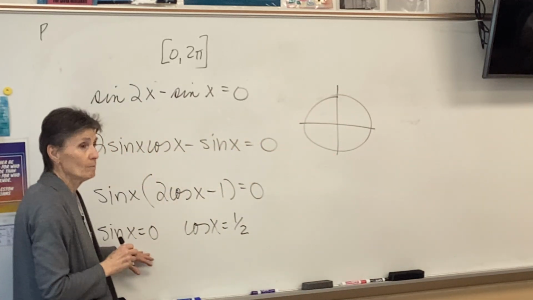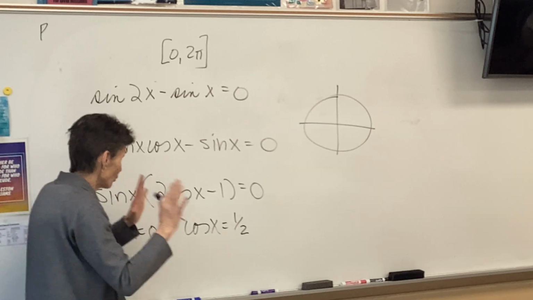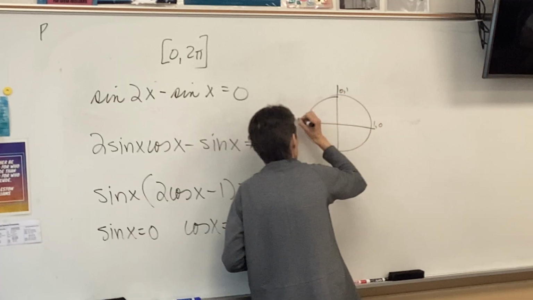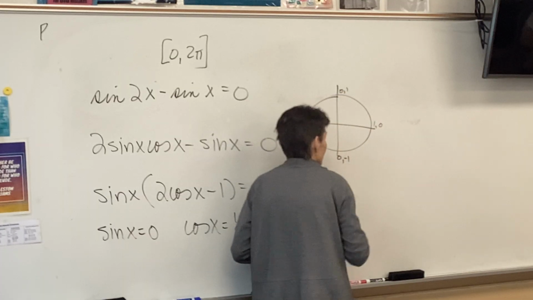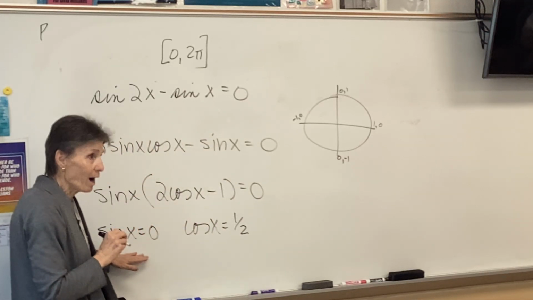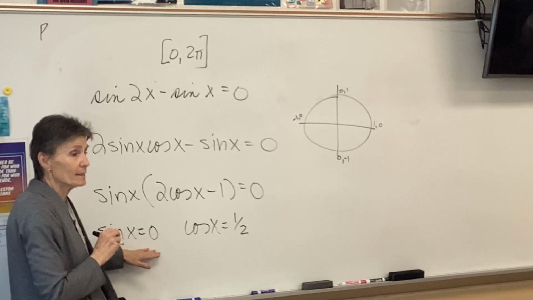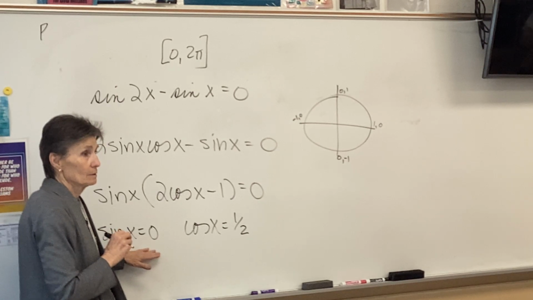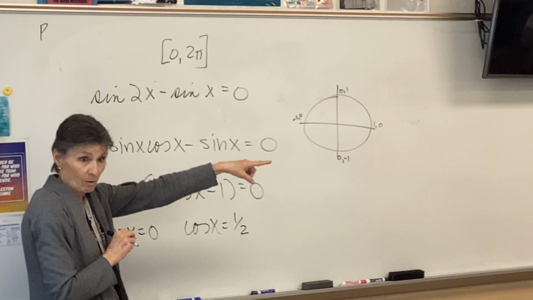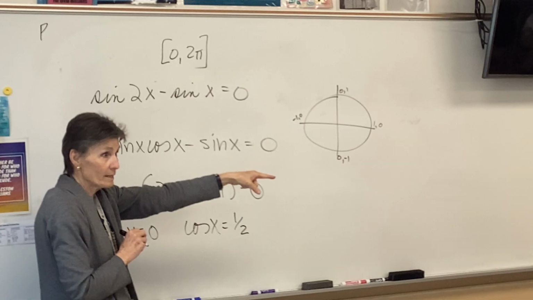Something equals 0, and some of us mess that up. I encourage you, pop your little unit circle down on the paper. Sine is y. Where is y 0? At 0, at pi, and at 2 pi, right?